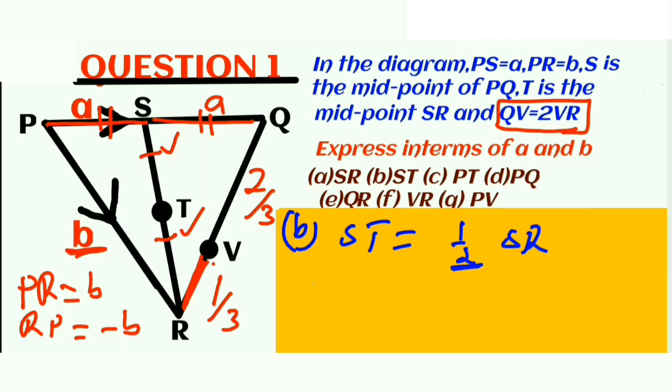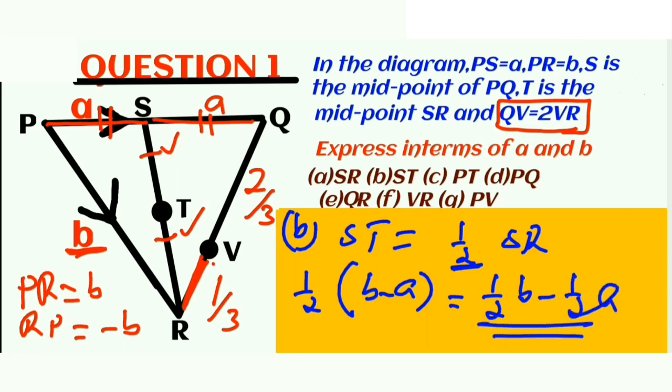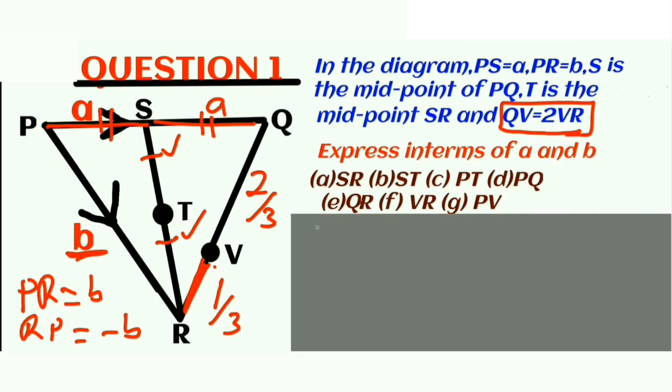So half of SR equals B minus A from question A. So you have to remove the bracket: half B minus half A. So this is the value for ST, half B minus half A.